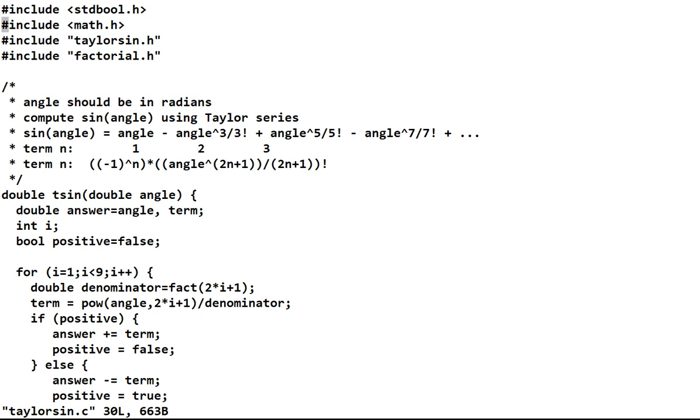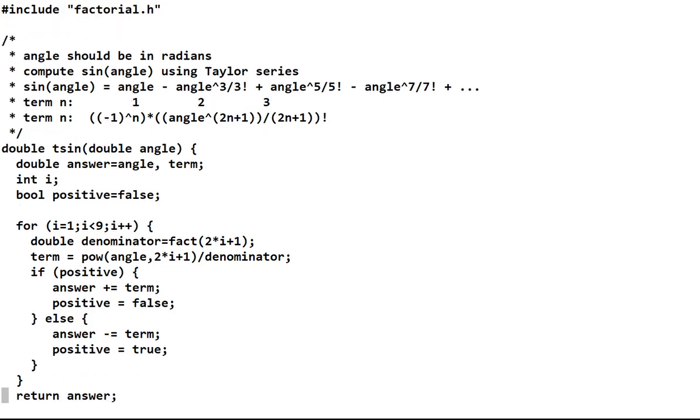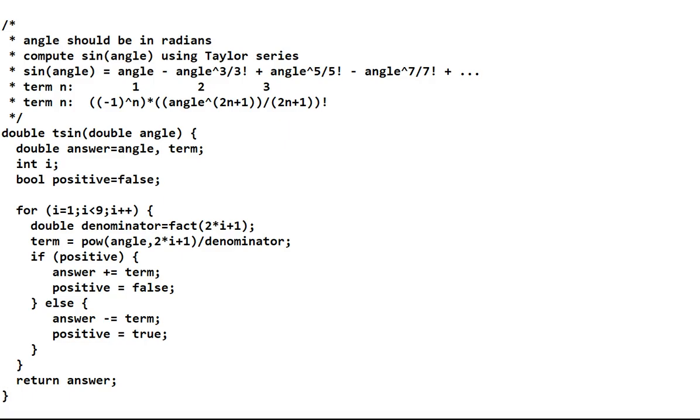And we're looking at this. Well, we already have a nice comment for this function. And you can see, wow, I initialized answer to angle, but I didn't initialize term, and I didn't initialize i. I set it down here.